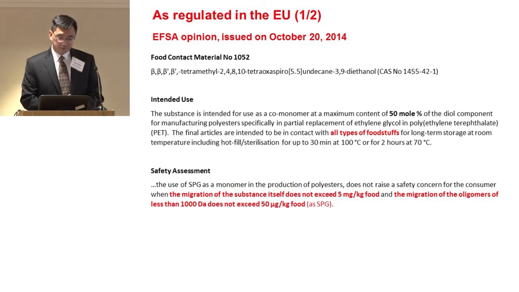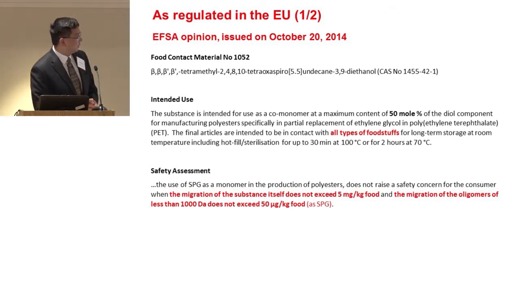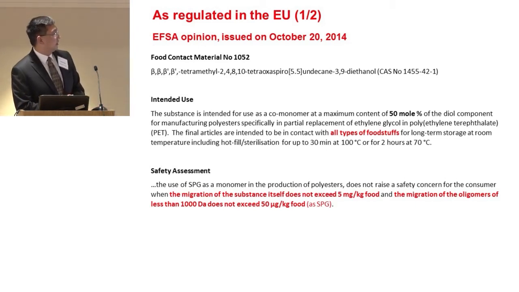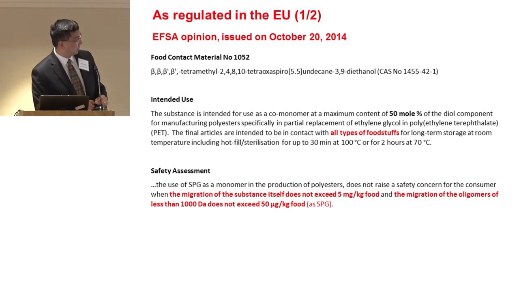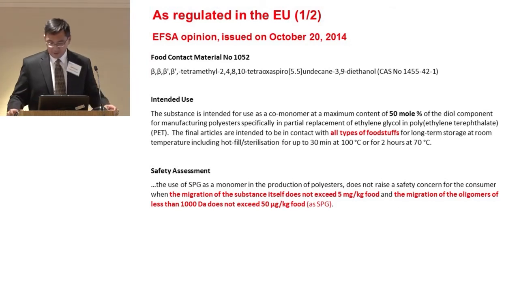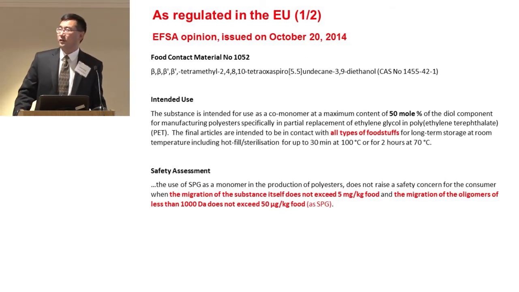However, the opinion that was issued now has this, let's focus on the bottom part. The migration of the substance itself does not exceed 5 ppm, and the migration of oligomers does not exceed 50 ppb. Now, this is interesting.